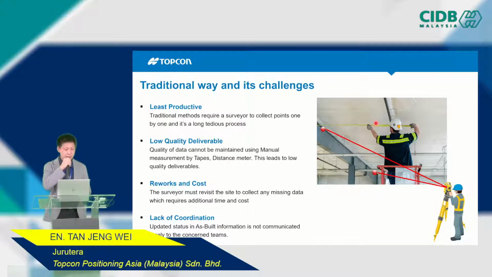Most of the time it requires a lot of rework, which eventually increases the cost of construction. And also there is a lack of coordination, because at the site everyone is only based on the paper drawing. They do not have access to any cloud system, so they cannot share the information at the first time.